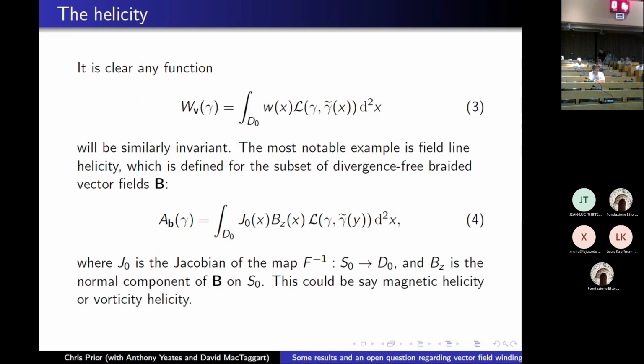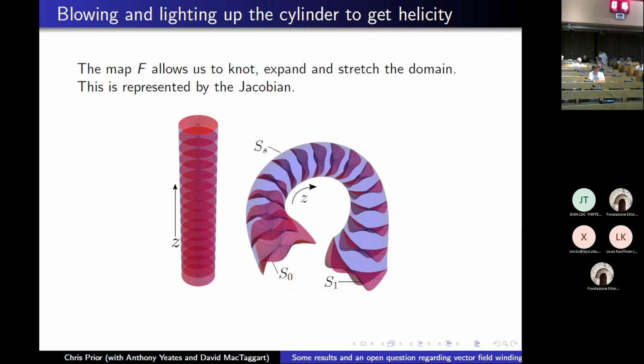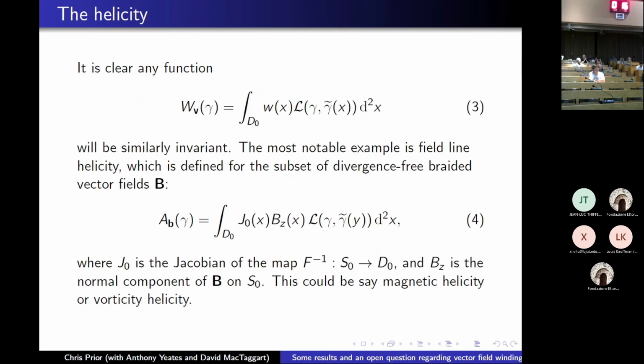An example of that function is the Jacobian of the map F. That's the map that takes this S0, this lower disk, which can have a very funny shape, to the disk where we actually measure the winding. So this has a Jacobian, some information about the volume of your domain. And also, most magnetic fields have a strength or a flux associated with them. In this case, it's the normal component of the field strength, so I have this other function, Bz.